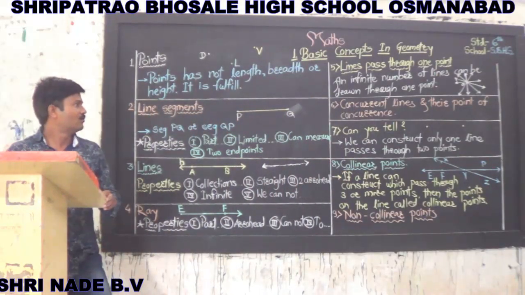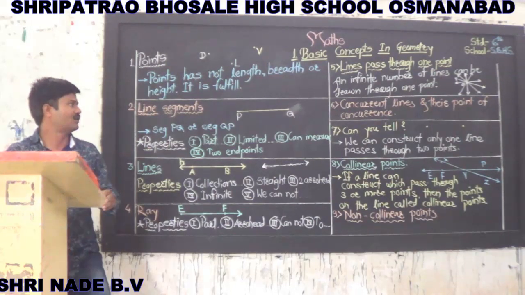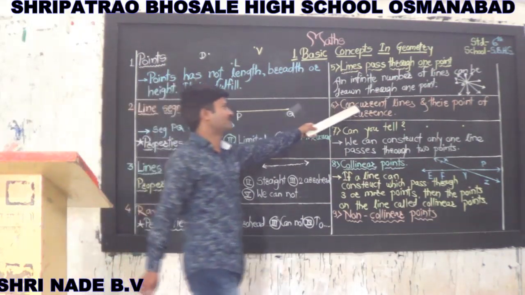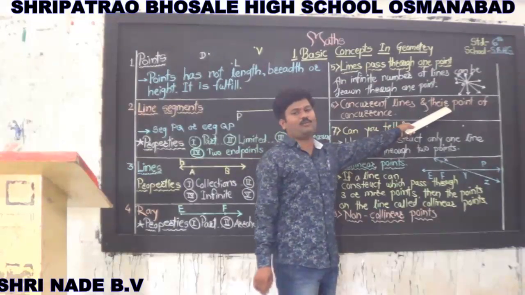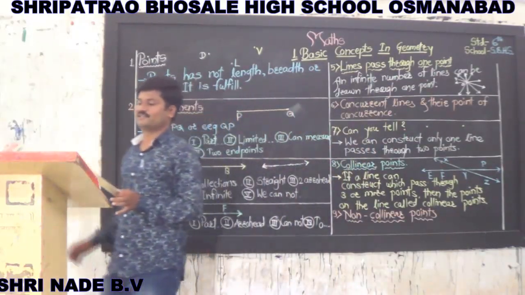When two or more lines pass through one point, then the lines are called concurrent lines and the common point is called the point of concurrence.